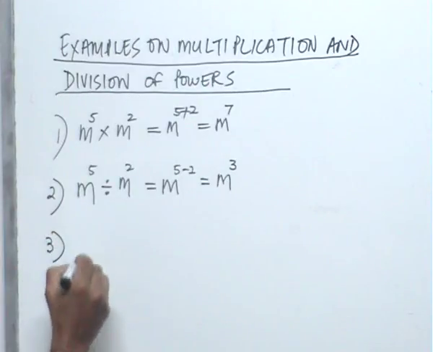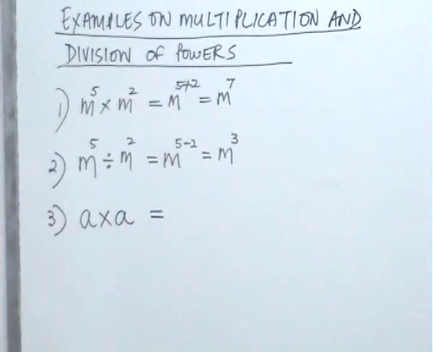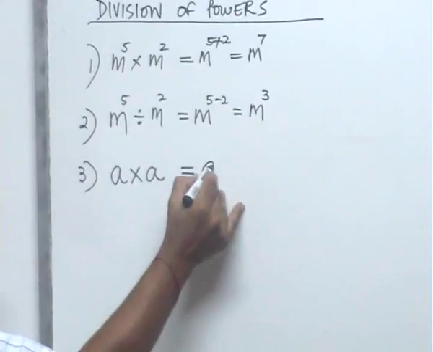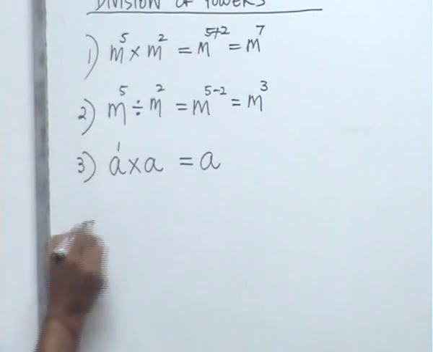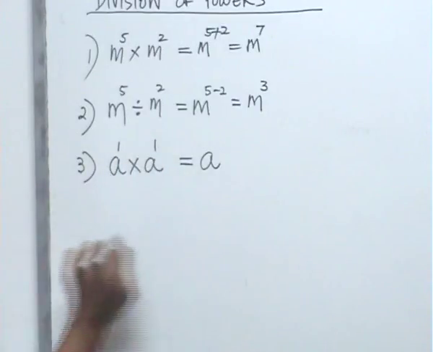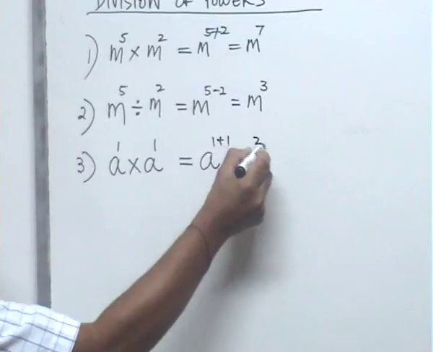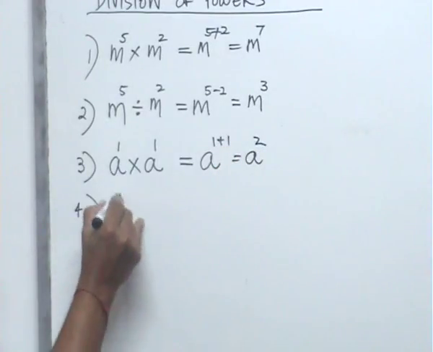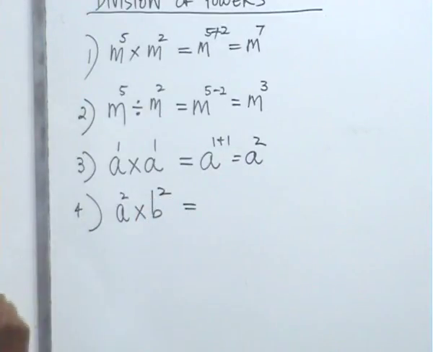Number 3, a times a. Well, when you look at this example, you'll say, well, the bases are the same. Write down a, and the index is understood to be 1. So this is 1 plus 1, which is a squared. Number 4, a squared times b squared.